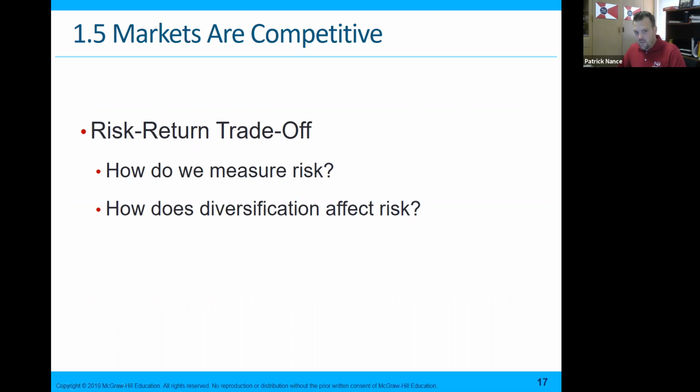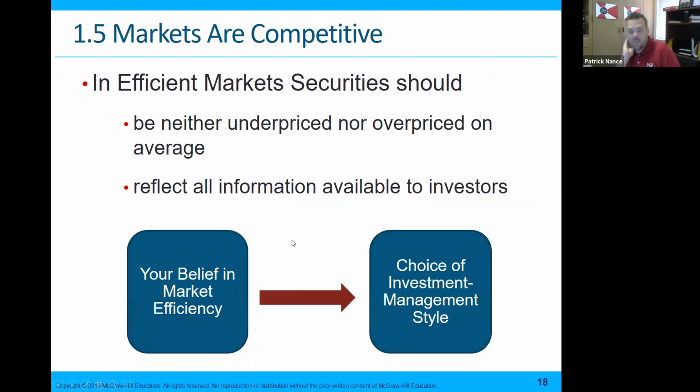So how do we measure that risk, and how does diversification help with that risk or aid in mitigating that risk? So if our market is efficient, and you can look up a paper, one that I've read not too long ago by Harry Markowitz, and there's also one by Harry Markowitz and William Sharpe, and it talks about modern portfolio theory.